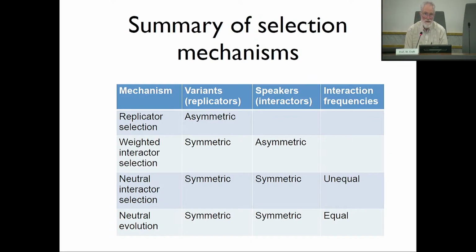Some are treated as leaders and others as followers. Neutral interactor selection: the speakers and the variants are symmetric, but the interaction frequencies, how often or how little you talk to someone, are unequal. And neutral evolution is where nothing's happening and everybody talks to everybody, or has the same likelihood of talking to anybody else in the speech community.